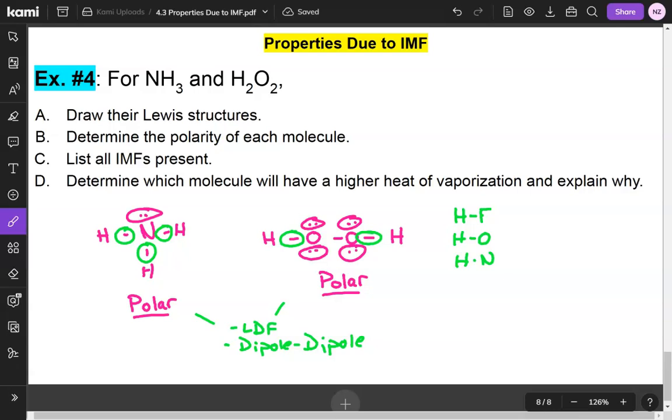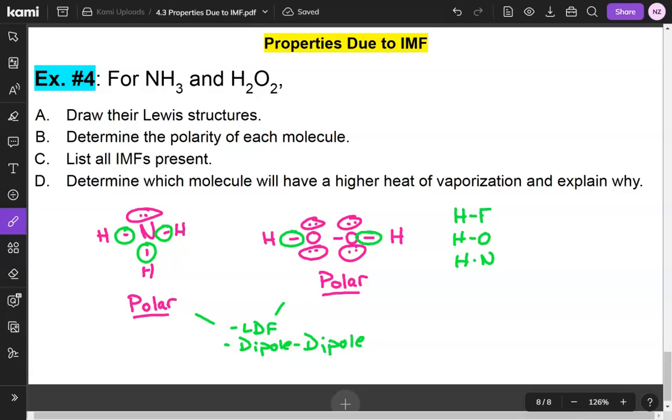So we go off of which molecule has the greater number of hydrogen bonding sites. So both molecules have a total of 4 atoms present. For the NH3, you've got 1 nitrogen, 3 hydrogens. For our second molecule, our H2O2, we also have 4 atoms.